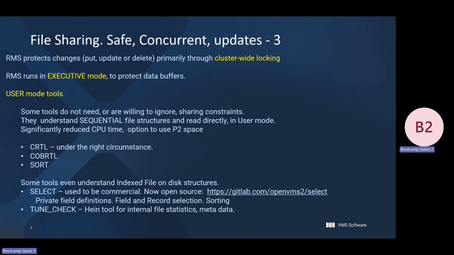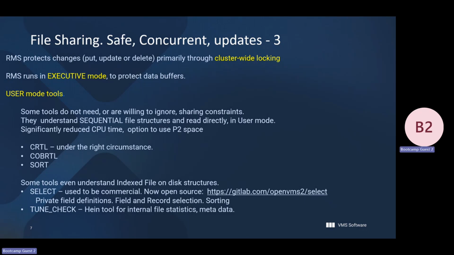Some tools even understand index files, the most complex version of the file. We're going to talk about index files. And really, I want to emphasize this particular one. Look for it at some point. Select used to be a commercial tool, and it can read index files so much faster than RMS can.